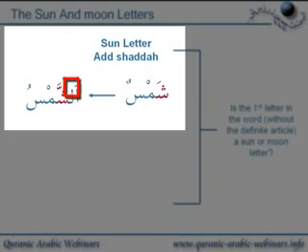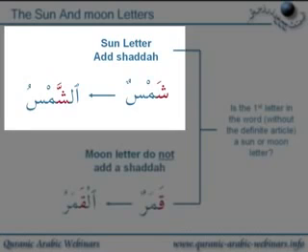And the reason is we're joining effectively the fatha that would normally be read on top of the Hamzatul Wasl directly to the letter with shadda. So instead of saying al-shamsu, we will have to read this as ash-shamsu.